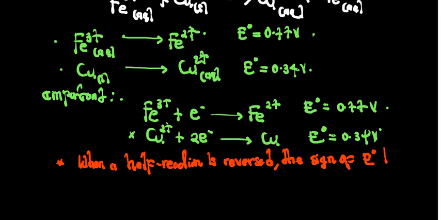So if it was a positive value, it becomes a negative value. If it was a negative value, it becomes a positive value. And this is where I'm going, because I know people tend to make a lot of mistakes, and electrochemistry carries a lot of marks. So please, let's take note of that.